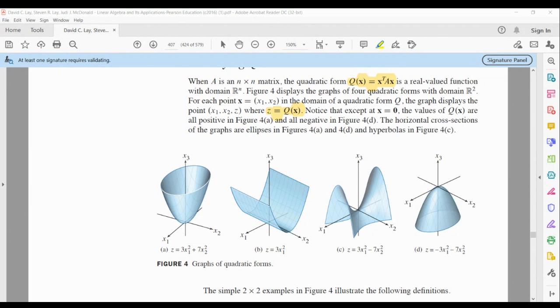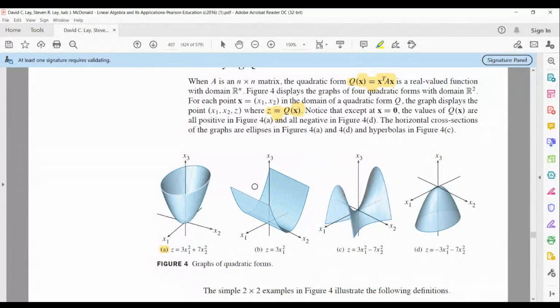But all right, here are some quadratic forms. Depending on what coefficients are in front of x1 squared and x2 squared, that determines what the quadratic form will look like. For instance, in figure A, you have a 3 and a 7. That would correspond to eigenvalues 3 and 7 for some matrix A. When 3 and 7 are positive, you have a quadratic form that we call positive definite.